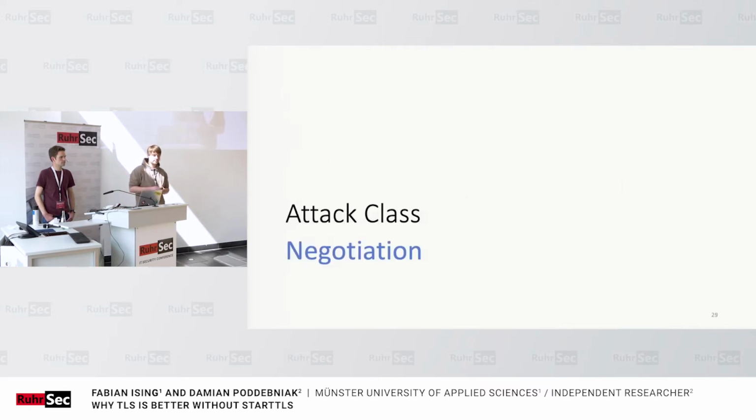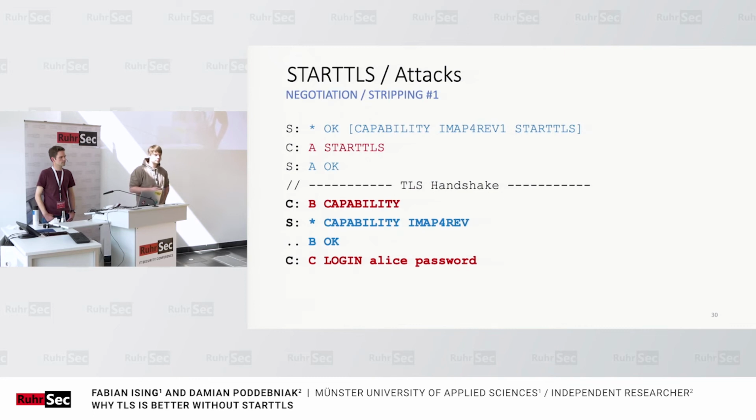So let's start with the negotiation class. In this class, the aim of the attacker is always to derail the STARTTLS connection such that TLS is not made in the first place. The most prominent example of this is STARTTLS stripping, as Fabian showed in the introduction.